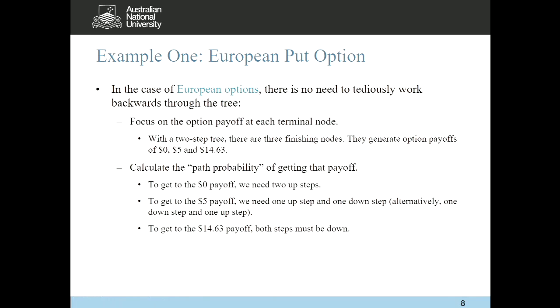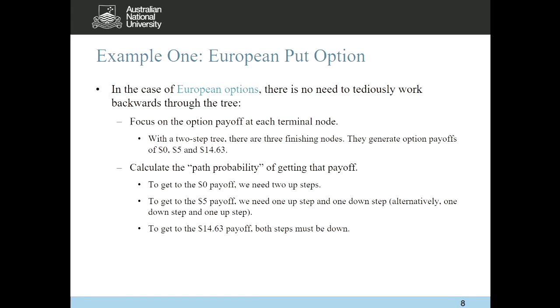Now, as I mentioned on Monday, with the European option, we know the exact timing of the cash flow. With a European option, you have no choice but to exercise at the date of maturity, so all the cash flow happens at terminal points. If we know the exact timing of the cash flow, we can effectively discount all the cash flow back to the present in one go, because there's no uncertainty in terms of the decision to exercise.